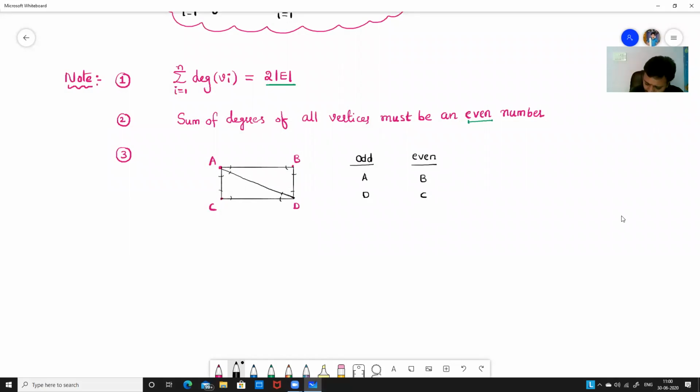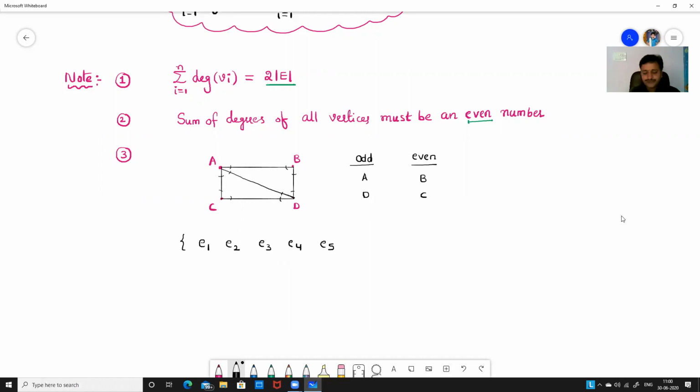So just now we have seen, suppose I have n(n-1)/2 edges. Just assume a graph in which we have only 5 edges, E1, E2, E3, E4, E5.